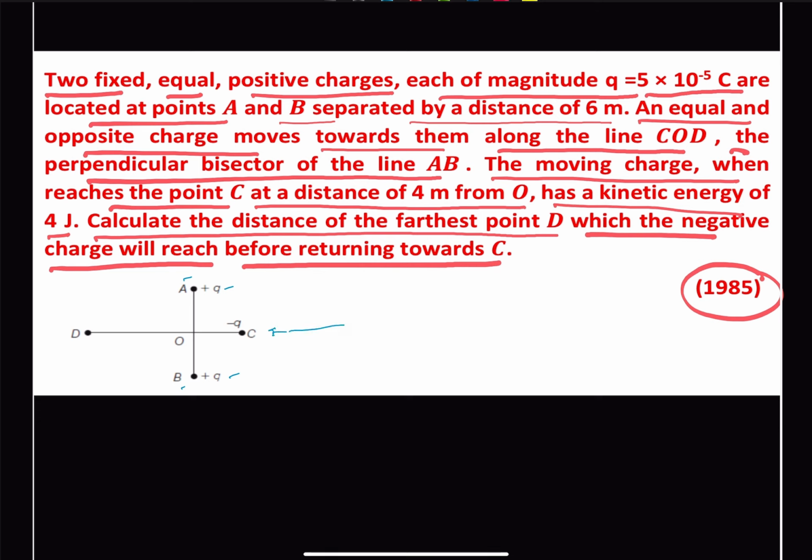And at this particular point, C is 4 meters from O. So this distance is given to us as 4 meters, and this entire distance is given to us as 6. So we can say this will be 3, and the other part will also be 3 because it is given as a perpendicular bisector. And we need to find out this farther distance. Let us call this distance x.